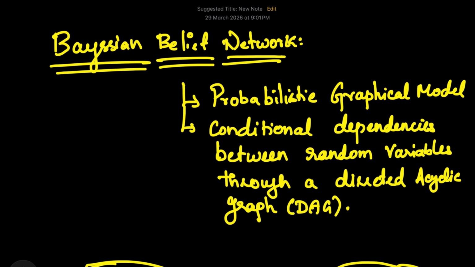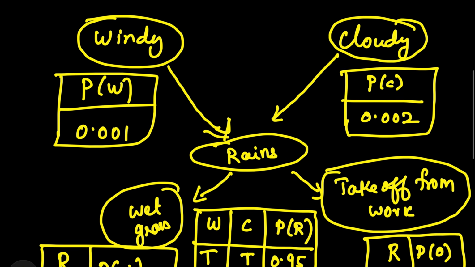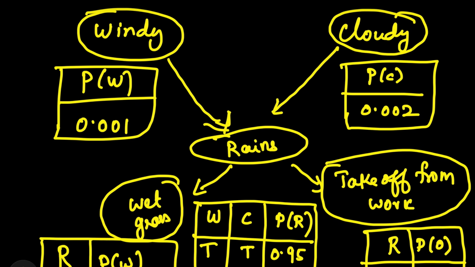So a Bayesian belief network is basically a probabilistic graphical model that helps us explore the conditional dependencies between different variables or features given in your training data set through a directed acyclic graph. The most important thing is it should not have a loop. So that's what a Bayesian belief network is. Here we have a graph that consists of rain, windy, cloudy, wet grass, take off from work.